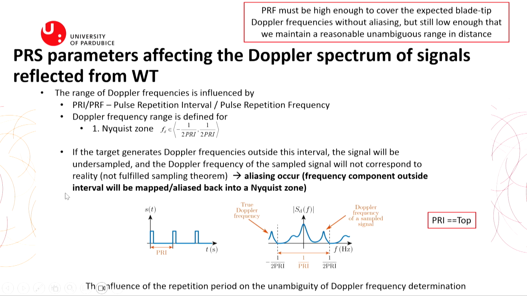And it is about aliasing. I already told you. I think I must skip, so I just end this. PRF must be high enough to cover the expected blade tip Doppler frequencies without aliasing, but still low enough that we maintain a reasonably unambiguous range in distance. But it is a terrible requirement because the two go against each other.